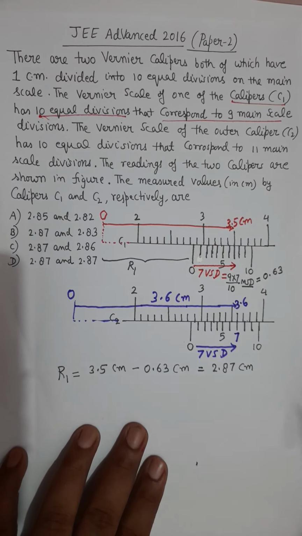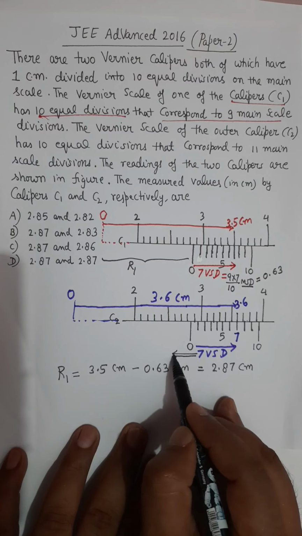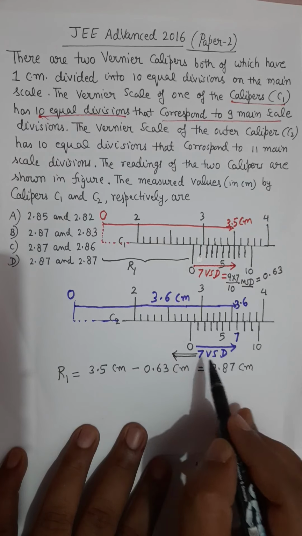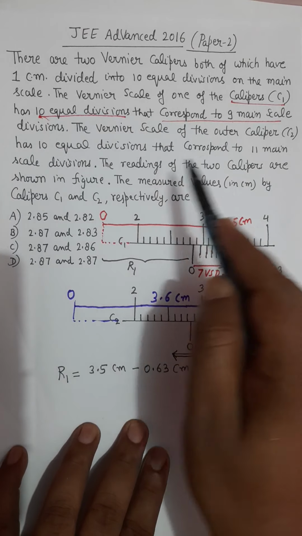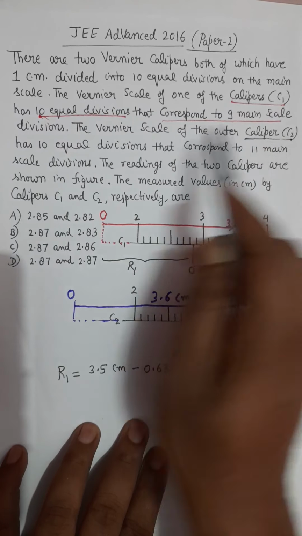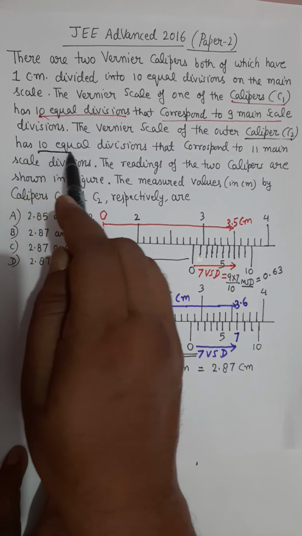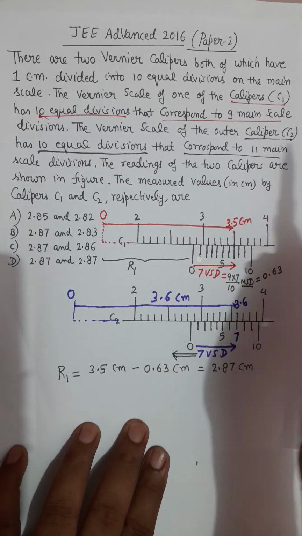But here is the biggest point now. These 7 vernier divisions for caliper 2 are equivalent to, for that, here is the information of caliper 2, which says 10 equal divisions on the vernier scale correspond to 11 main scale divisions.